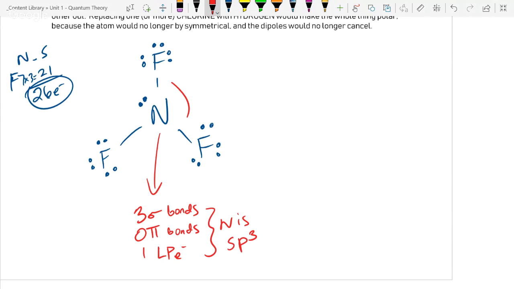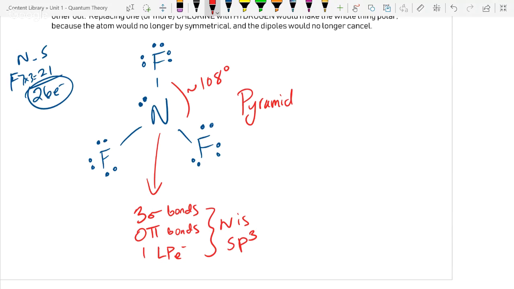It's got to be a little lower because of what? The lone pair of electrons. Remember, lone pairs of electrons crowd the others out. So we would expect this to be maybe roughly 108 degrees. That's a guess, but we know it won't be as big as 109.5, and it certainly won't be 120, right? This is not sp2 hybridization. This is sp3 hybridization. This is a pyramid.